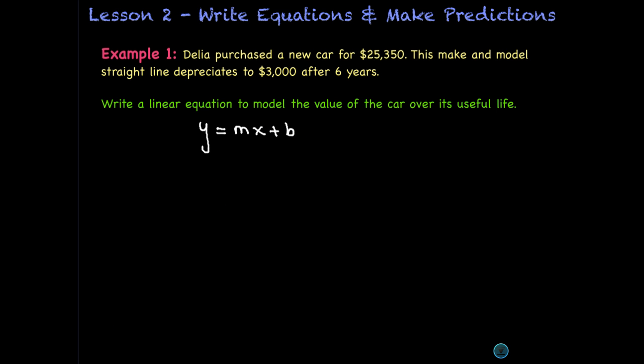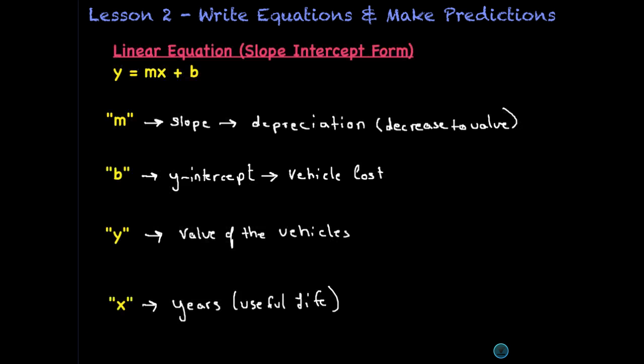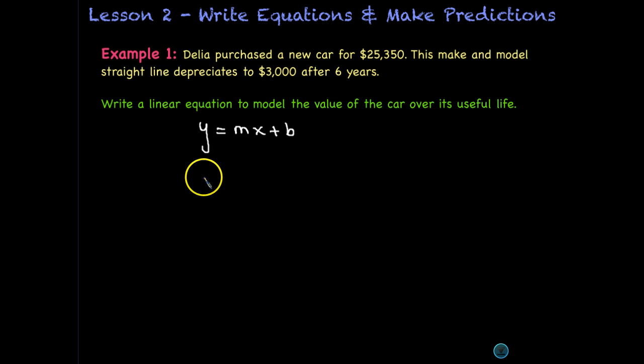We can already fill the b in because we already know, if we look back, b, the vehicle cost. So we can fill in y equals mx plus 25,350. That's our vehicle cost. What we don't know is m.